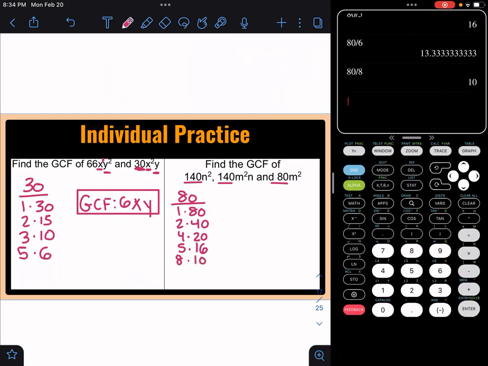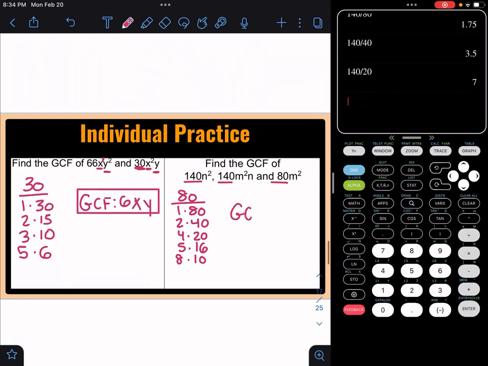Alright, let's see, 140. Does 140 divide by 80? Nope. 140 divided by 40? Nope. 140 divided by 20? That works. So GCF is 20. They don't all have an m, and they don't all have an n, so our GCF is just 20.